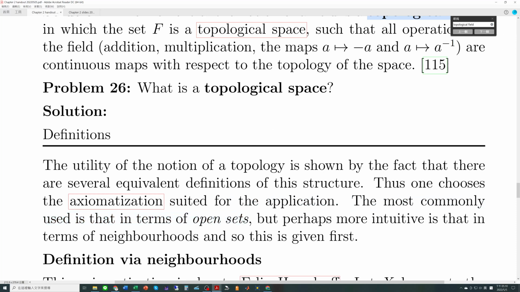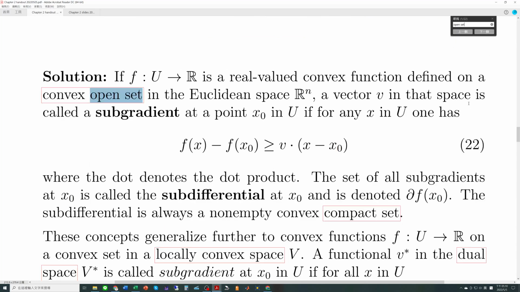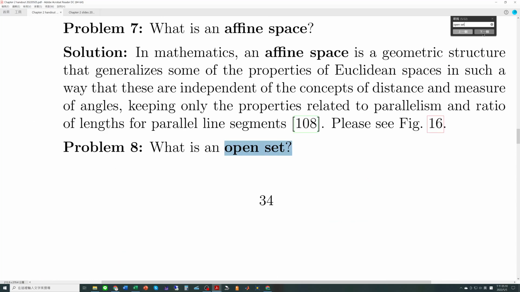Okay, what is an open set? Okay, let us search. Open set. We have introduced what is an open set in problem 8.